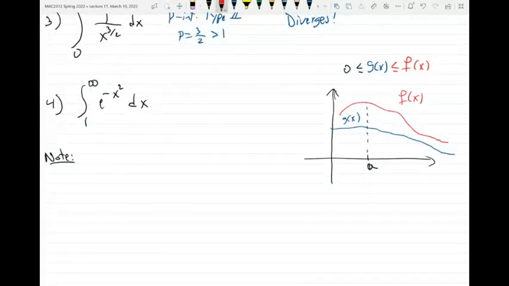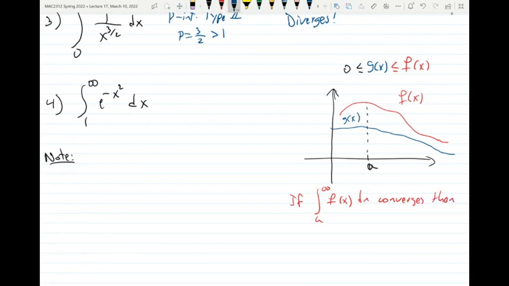Actually, let me say here, in this discussion that we have here, if the integral from a to infinity of f converges, then the small integral converges as well.